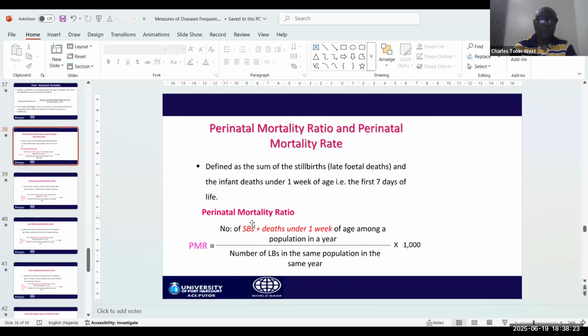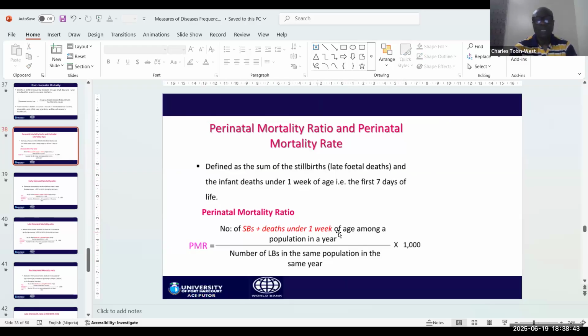Here you have defined the number of stillbirths, that is stillbirth or late fetal death, and the infant death under 1 week, 7 days.